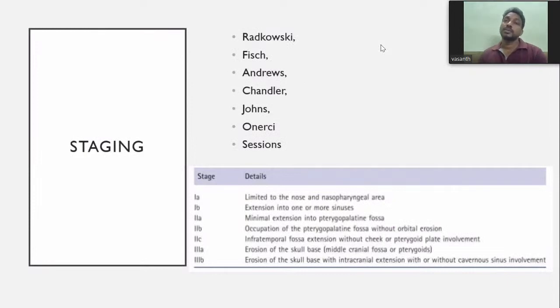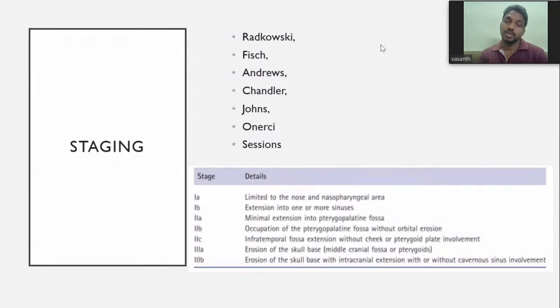So there is a method of staging. Many staging methods are there, starting from Radkowski, Fisch, Andrews, Chandler, Jones. The most commonly used is the Radkowski staging, and it gives how far the tumor has extended into the nearby structures.